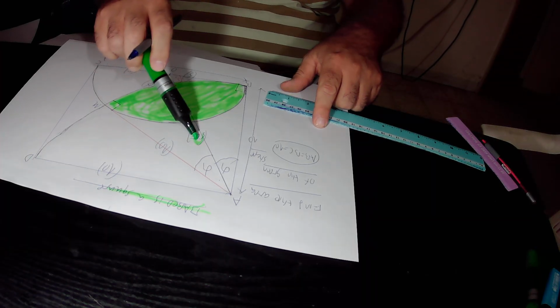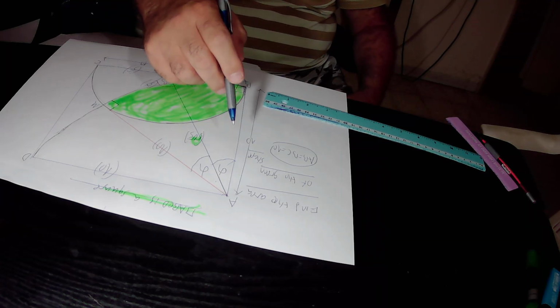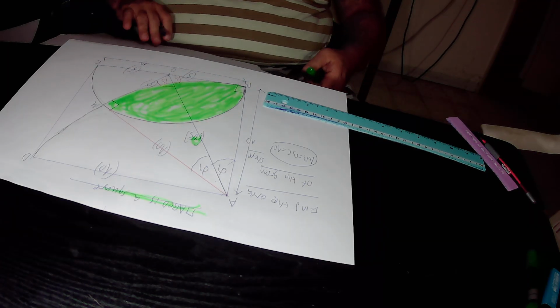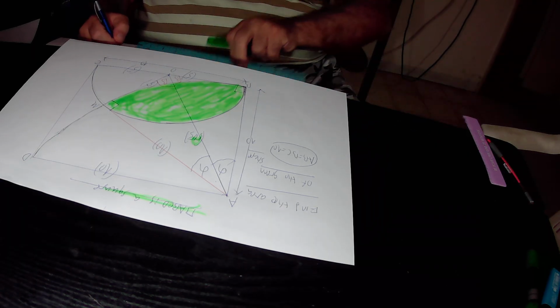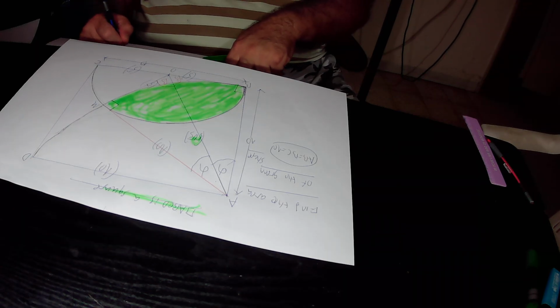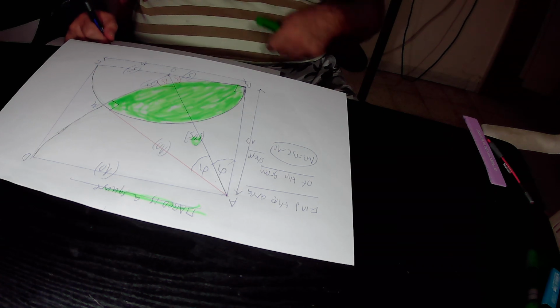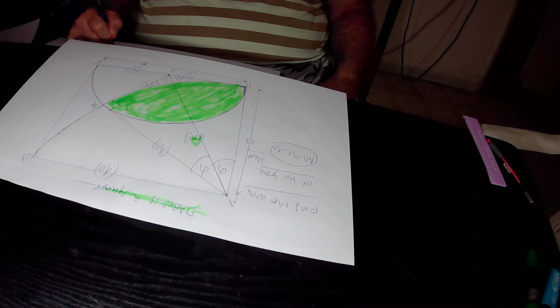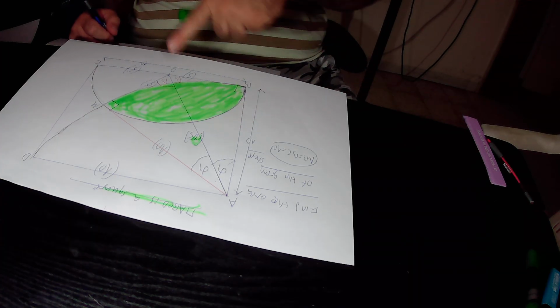We continue to focus on this right triangle ABO. In the right triangle ABO, sine alpha equals BO over AO.